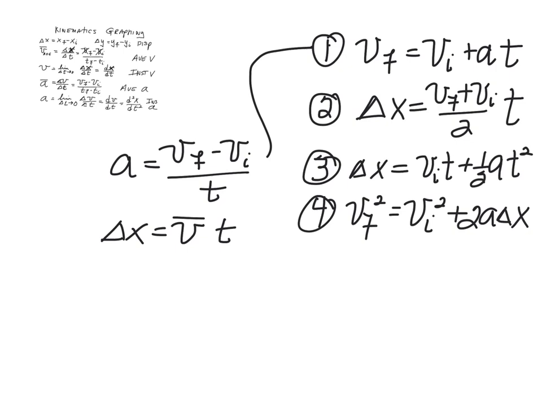We might be looking for the acceleration when we know the final and initial velocity and the distance, but we don't have the time. Equation 4 is useful. That comes from solving this for time and substituting it in here and getting this equation. So these are our 4 equations, and we're going to save those as we begin talking about graphs.